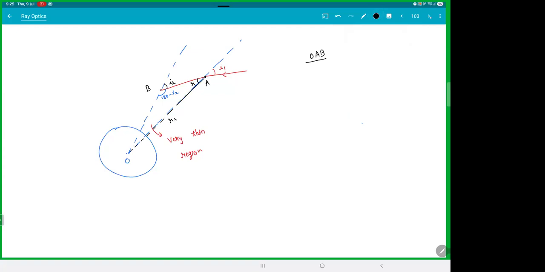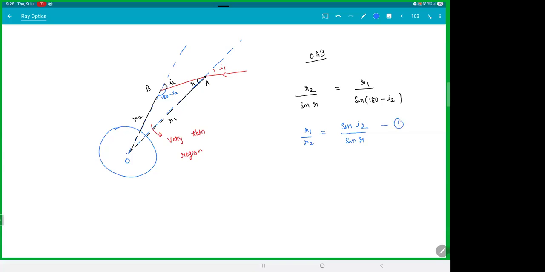Let this distance be R1 and let this distance be R2. Great. So R2 by sine r is equal to R1 by sine 180 minus I2, right? So, and from Snell's law, we get from here R1 by R2 is equal to sine I2 by sine r.